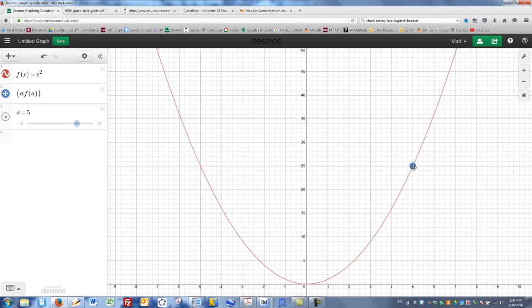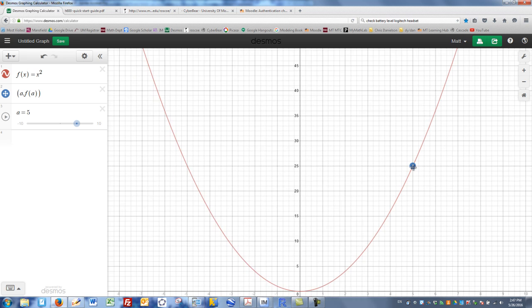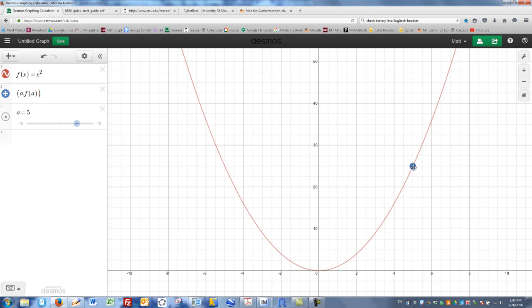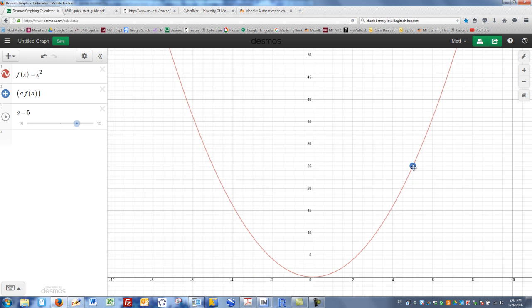It's right at 5. And what we're being asked to find or evaluate is the slope of the function right there. So somehow we'd like to know what the slope of the function is right there. Well, when I look at that, I think to myself, I could do it a couple different ways.